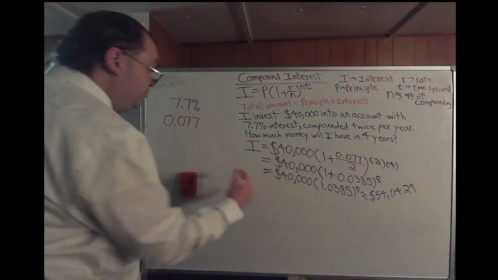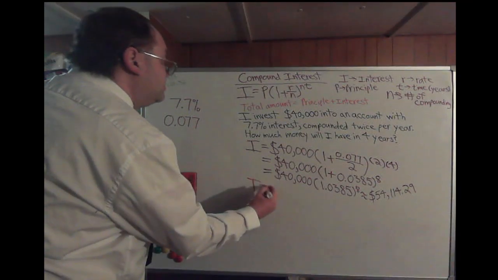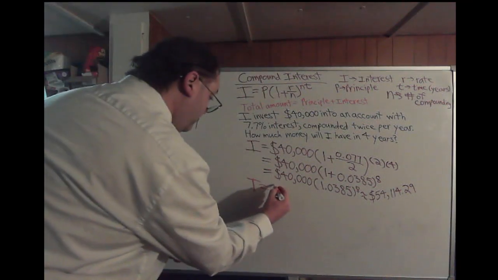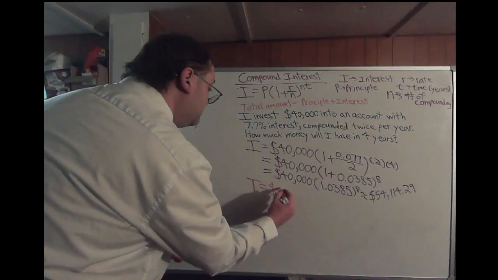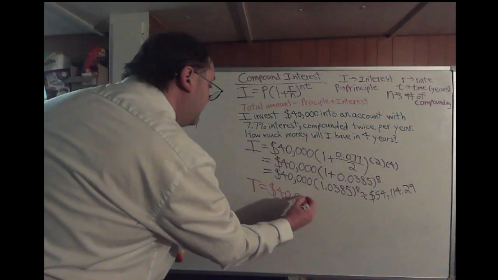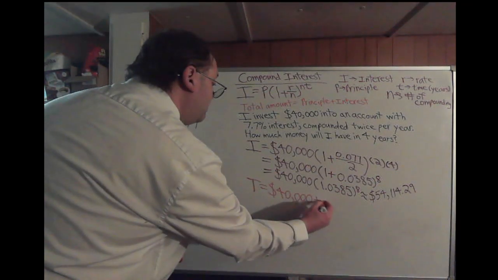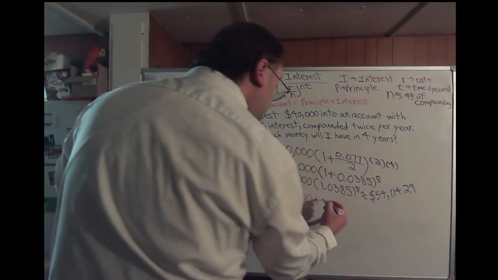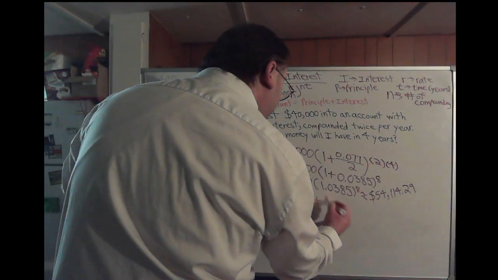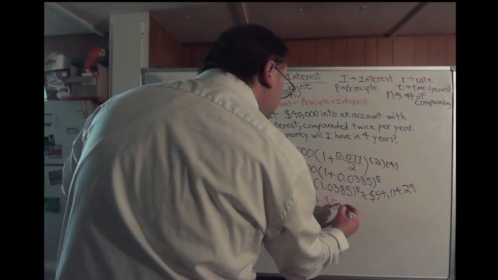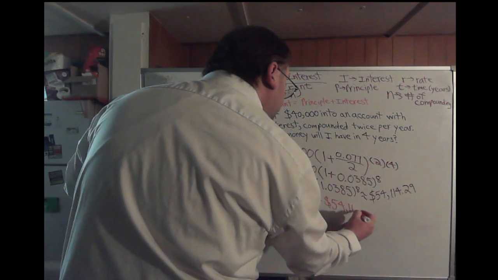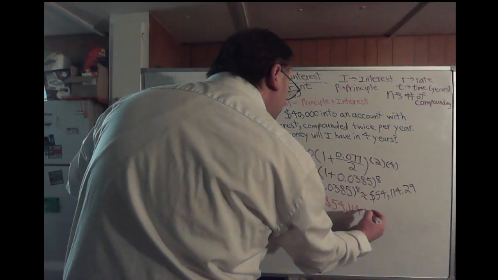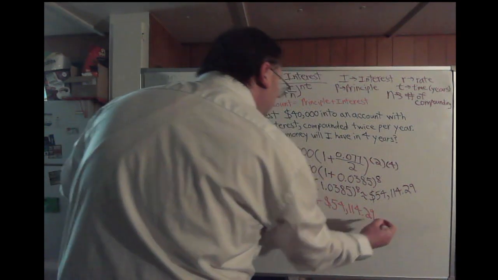So the total amount of money is going to be equal to that principal, $40,000, right? Plus what we came up with in interest, which was $54,114.29.